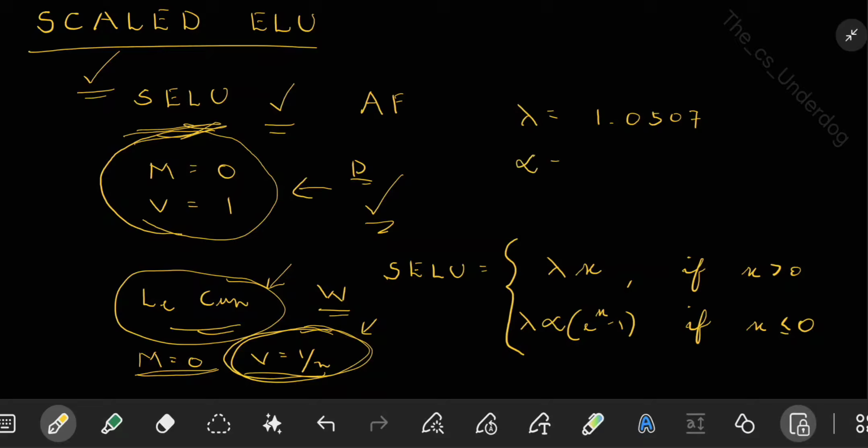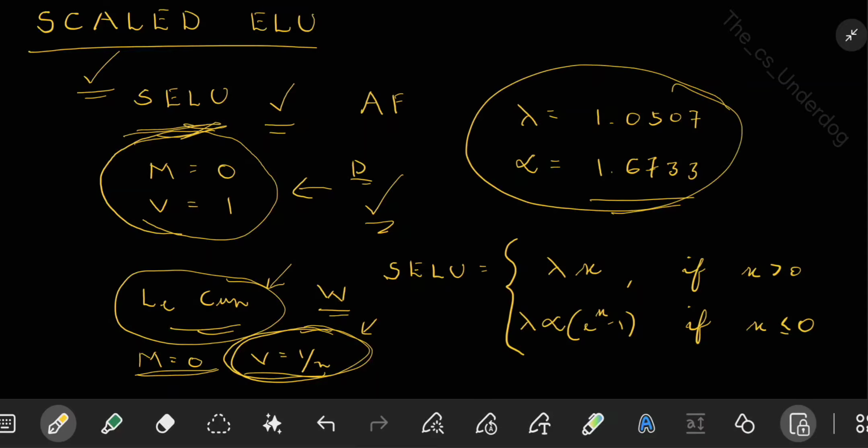And for alpha, you should be using 1.6733 as the value. So these two are mathematically chosen so that self-normalization would work. If you choose these values, then this particular formula of SELU will give you self-normalized neural networks.